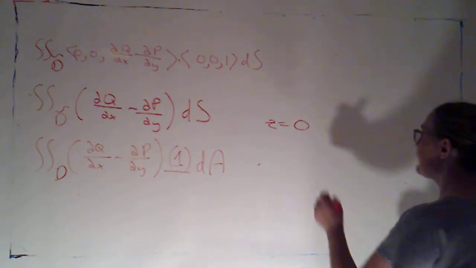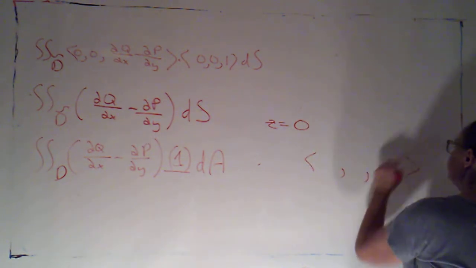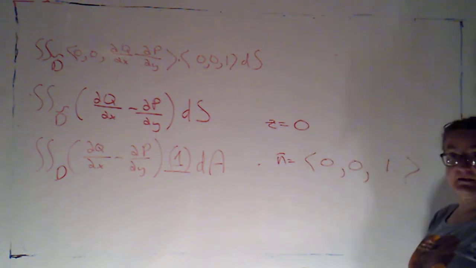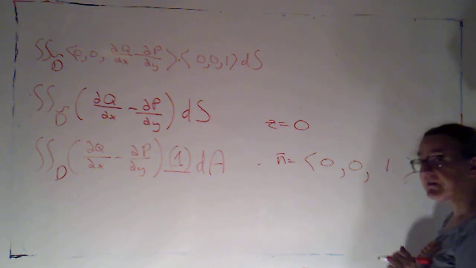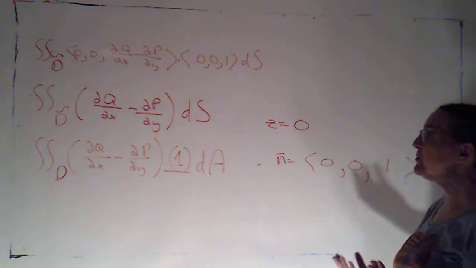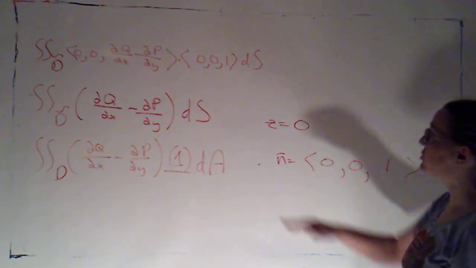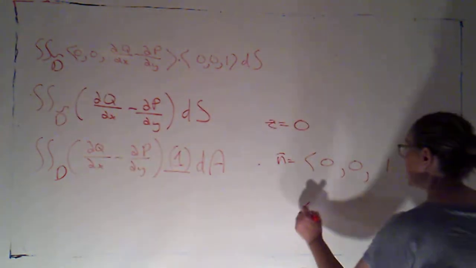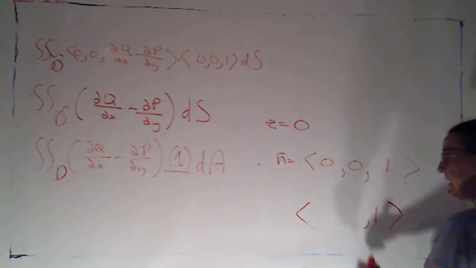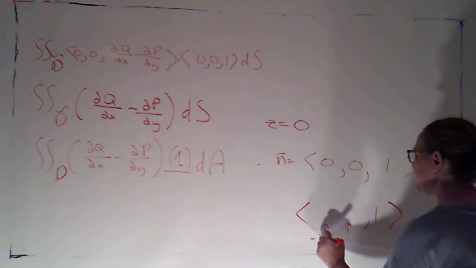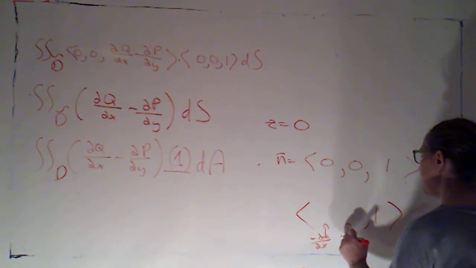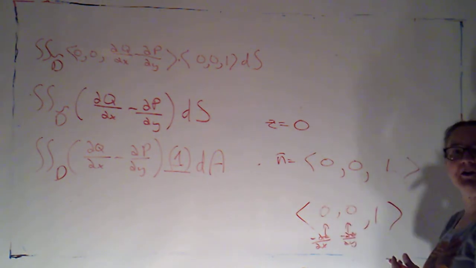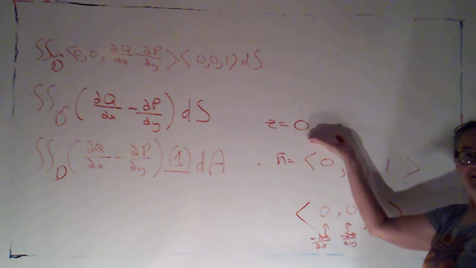We can also see that because we had said that our unit normal vector was n equals 0, 0, 1, but that's also the non-normalized normal vector I would get if I had wanted to, at this point, switch to integrating with respect to D. Because I would have a 1 here, and then what I would have here would be the opposite of the partial of z with respect to x, and the opposite of the partial of z with respect to y, but both of those would just be zeros, because the formula for z is a constant formula.